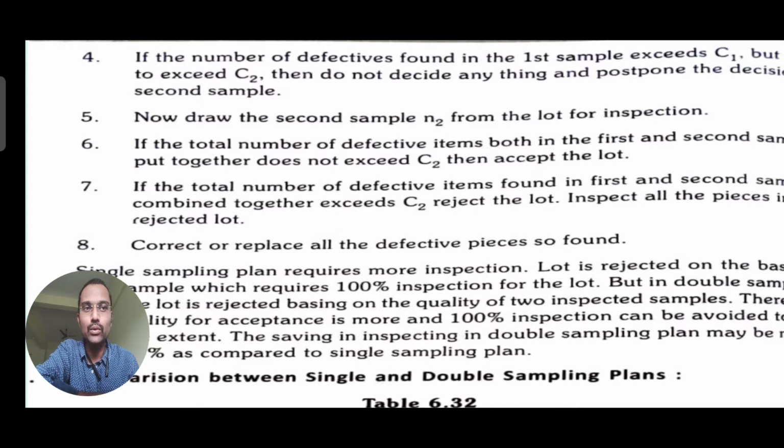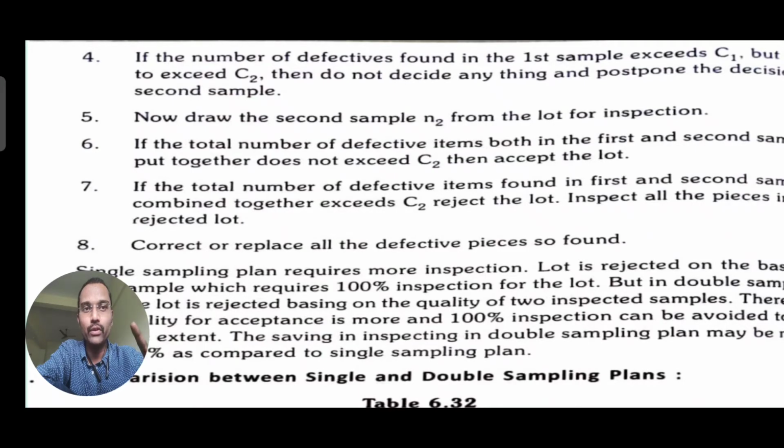It means one defect is found, and it is not crossing 2. Then do not decide anything first. Because there is another sample which has to be inspected, just postpone the decision. It will depend on the second sample.